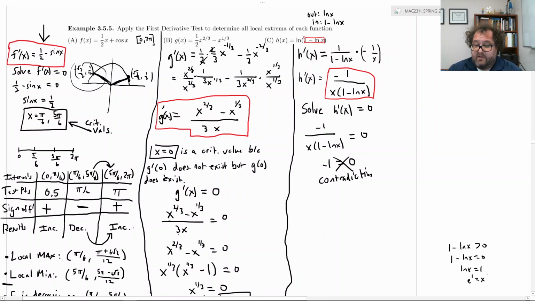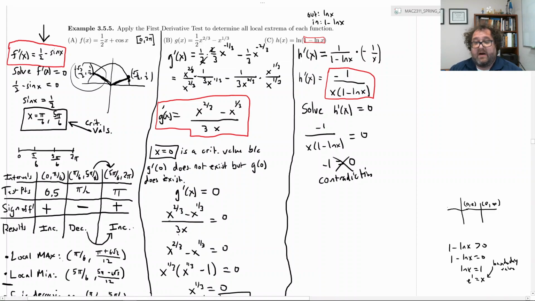So what I've done here is found what I called the boundary point, or the boundary value. So at x equals e, the domain of a logarithm has no lowest value, since it can't be 0, so it's the open interval from 0 to e, and then from e to infinity. Those are my intervals.